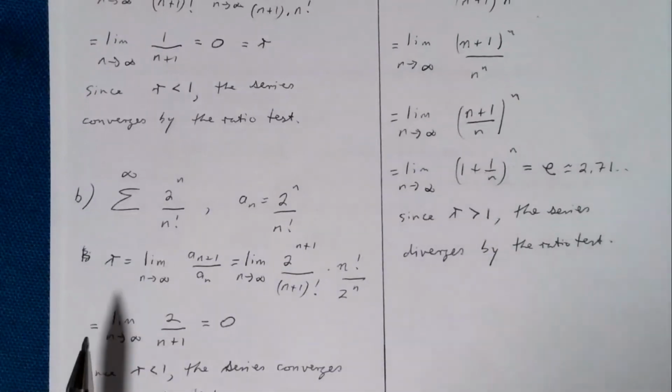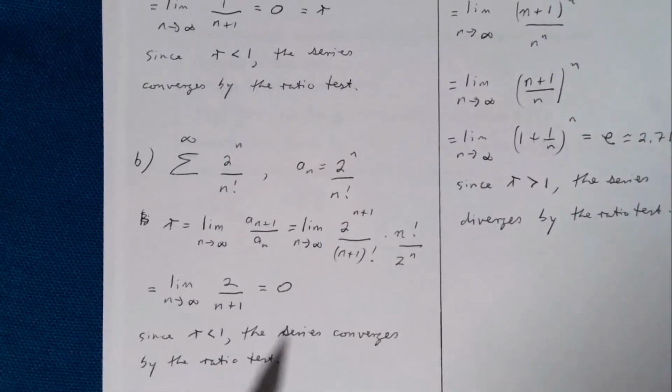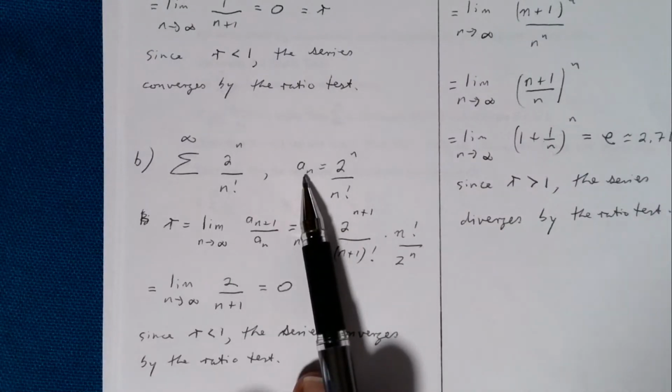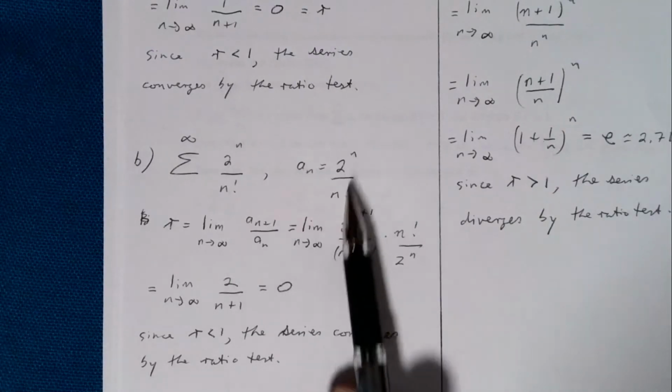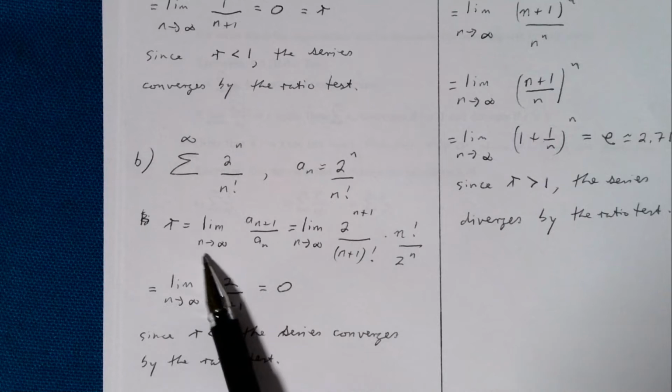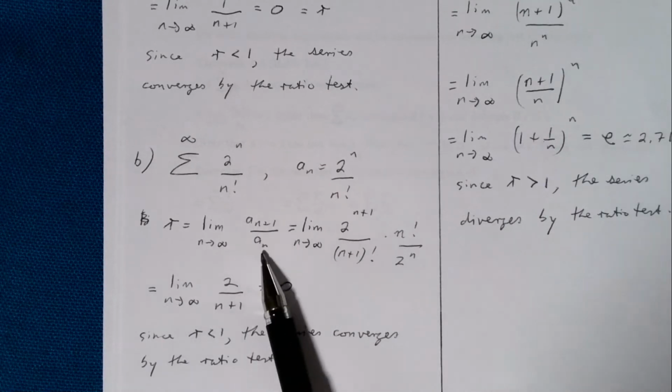So here is the solution to the second example. We're looking here at sigma 2 to the n on n factorial. Now in this case our sequence, the a_n's, are 2 to the n on n factorial. So r then is the limit of the ratio a_(n+1) on a_n.